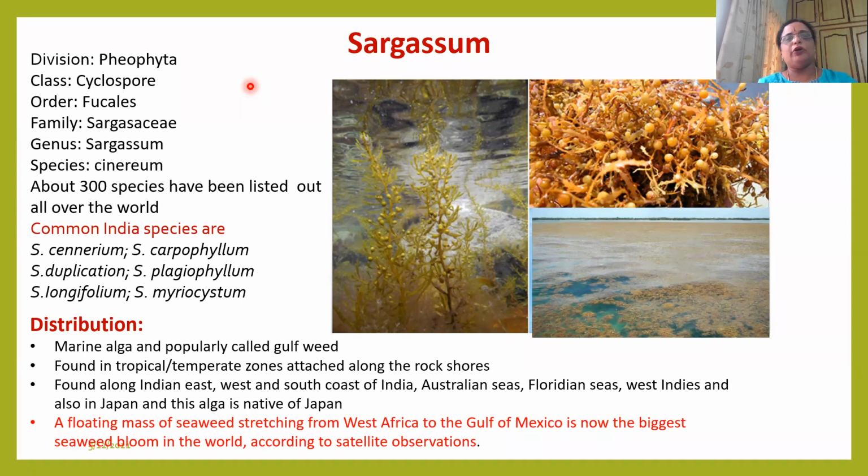Another important characteristic feature of Sargassum, or brown algae, is the kind of flagellation they have. The male gamete is the antherozoid, which has flagella produced laterally, on the lateral surface of the gamete.